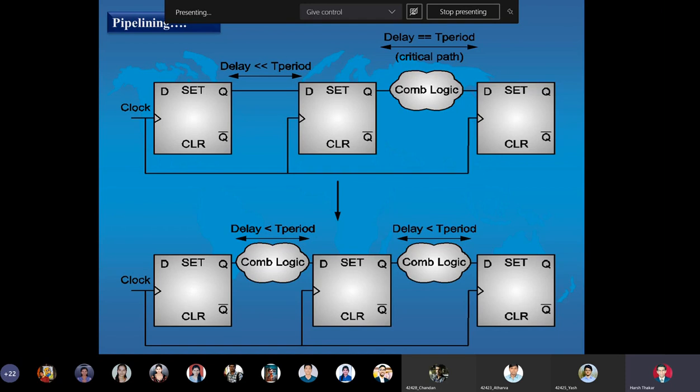So for example, say the rising edge has come at t equal to 5 nanoseconds. The rising edge actually reaches all 3 flip-flops at t equal to 5 nanoseconds.